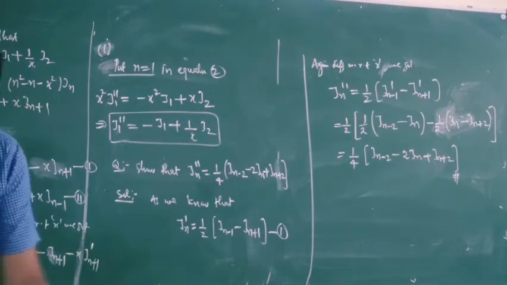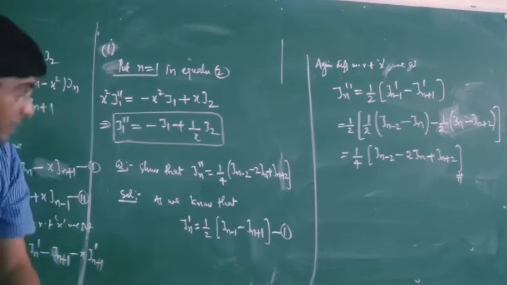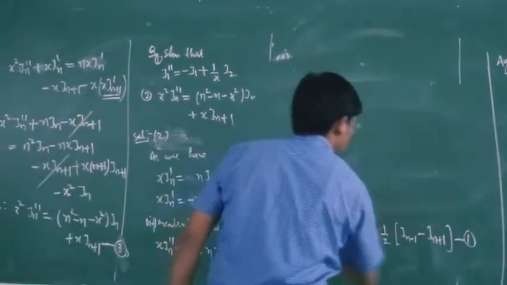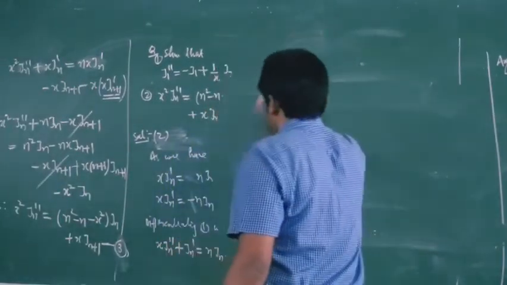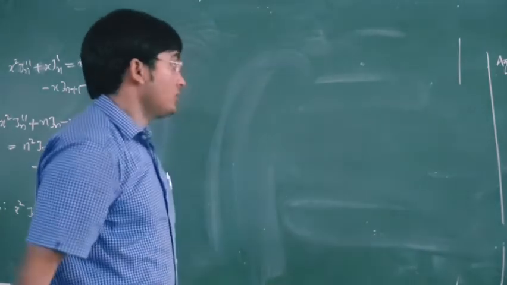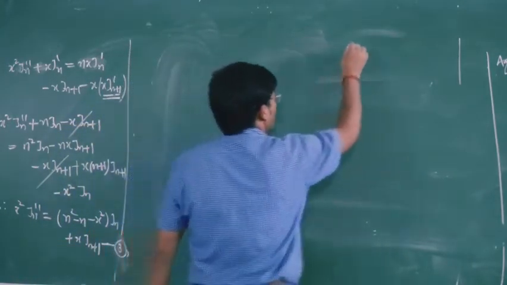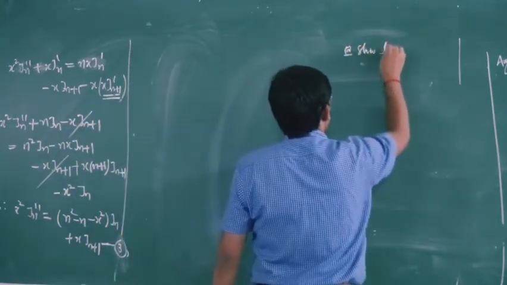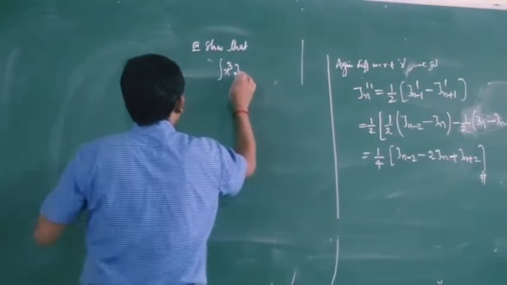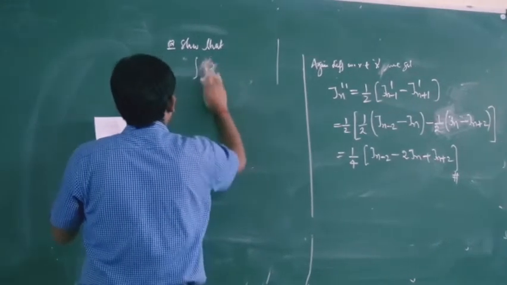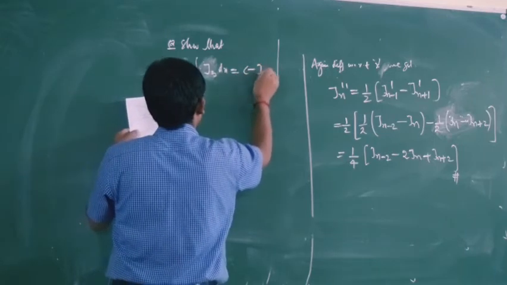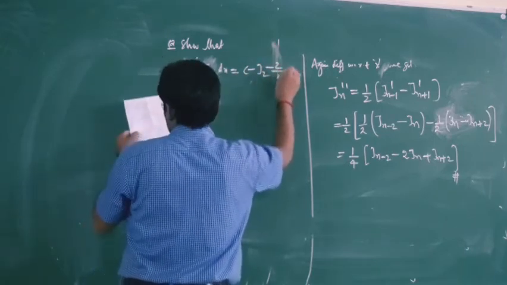So now the next problem, show that integration of x cube into J3 with respect to x equal to C minus J2 minus 2 upon x J1.